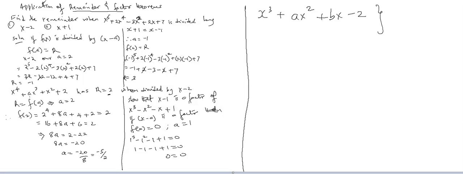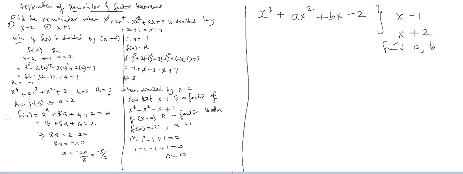So the factors are x minus 1 and x plus 2. So find the numerical values of a and b. So if the two are factors, then it means that the remainder should give us 0.